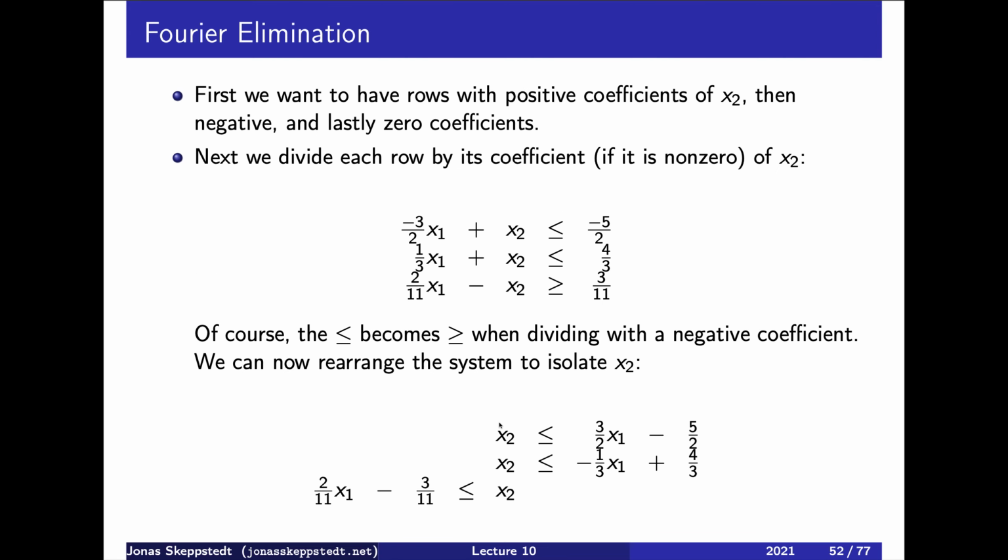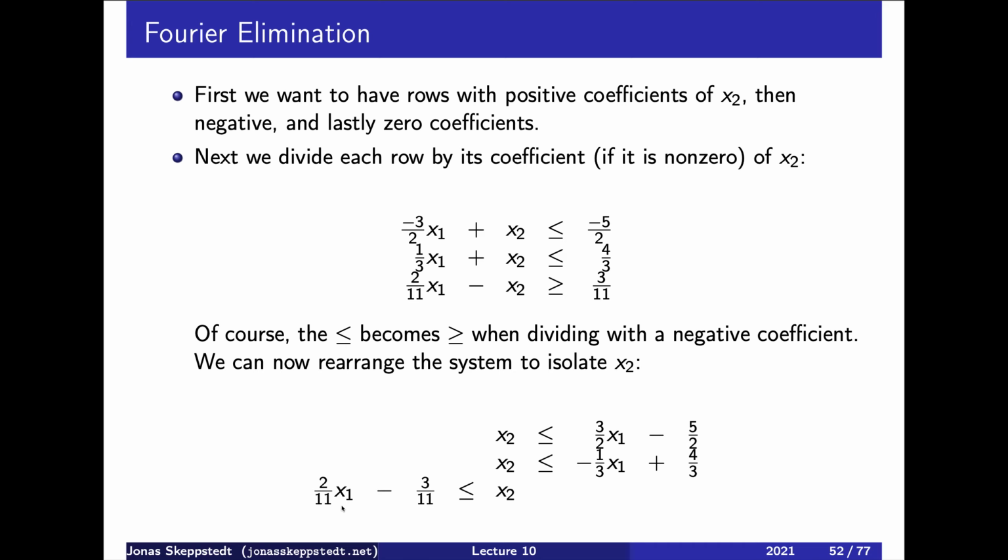And then we can divide by the coefficient and switch to greater than when needed. Okay, and what we can see now is that we can write it like this, if we move this over to this side.